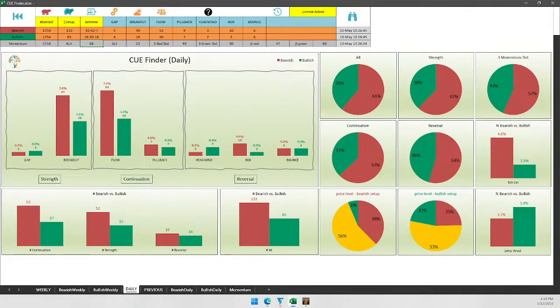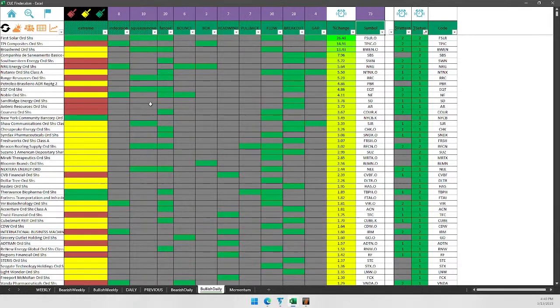If I go to the bullish signals, bullish tab, this is the latest data. We have the trade setups: bounce, box, headwind, pullback, flow, breakout, and gap. 7 possible trade setups, and now we have also 4 possible patterns: price extreme, indecision, move from squeeze, and fan out.